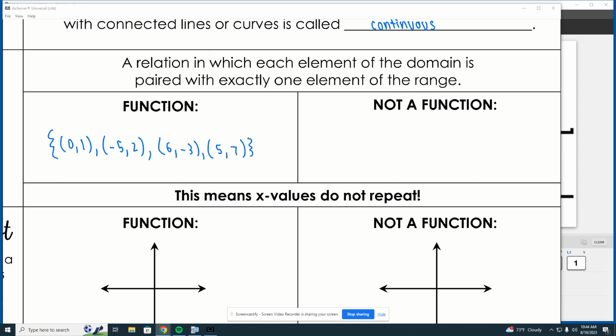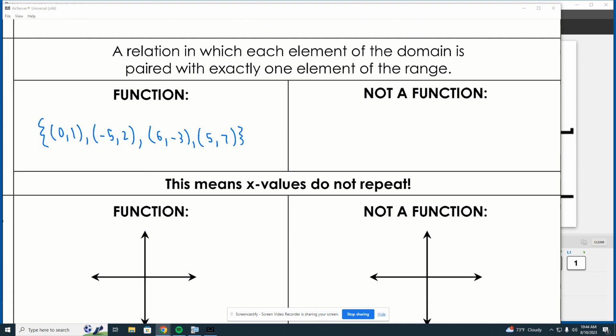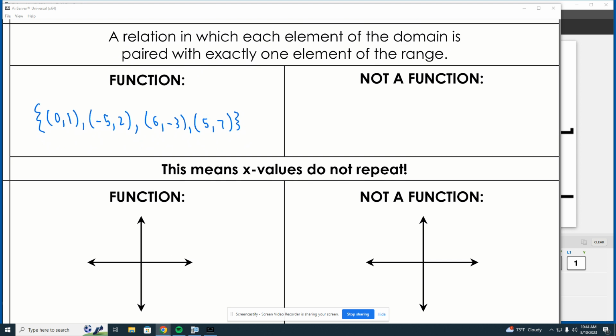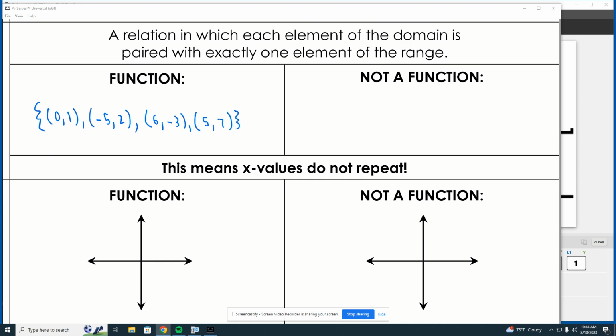That group of ordered pairs is considered a function. Now, is that the only function we could ever come up with? No. It's just an example of a function.